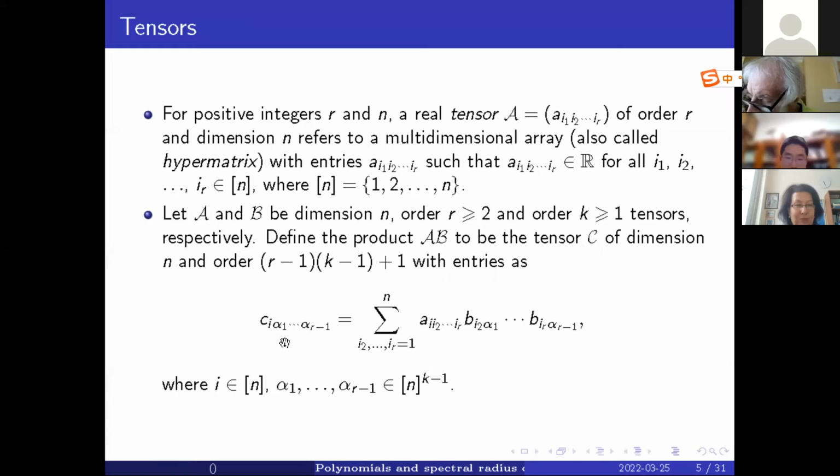Its entries are defined like this. If B is an ordinary vector, so k is 1, then the product of a tensor and a vector is a vector as well.